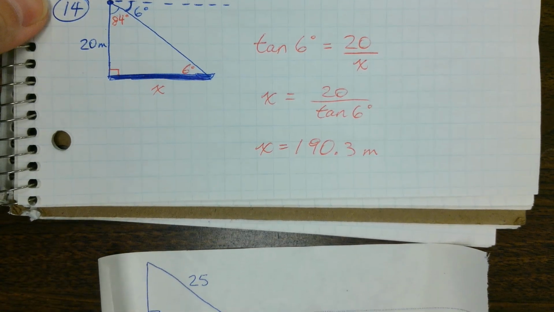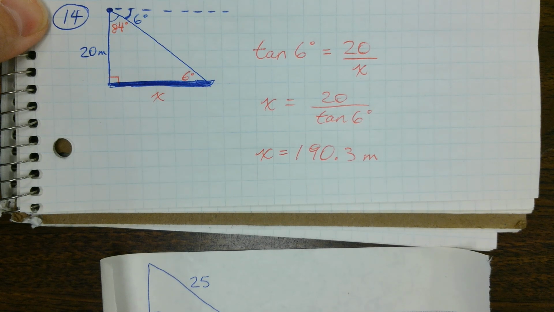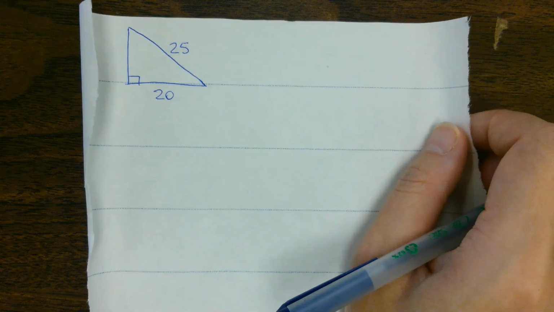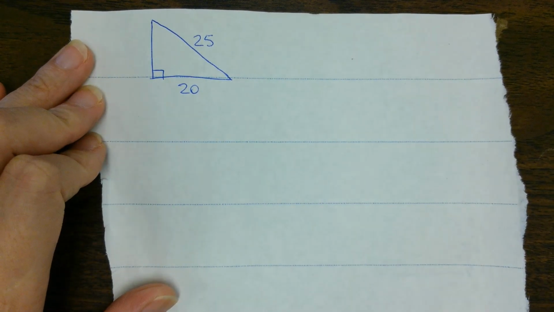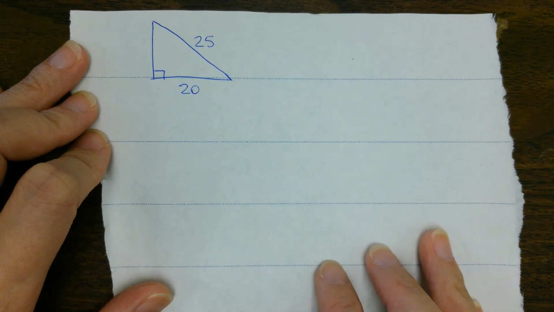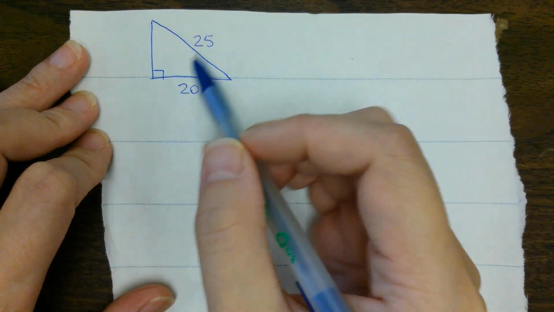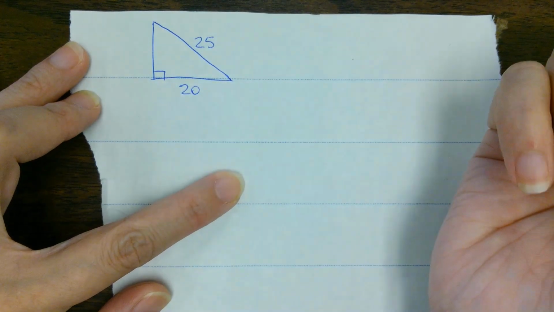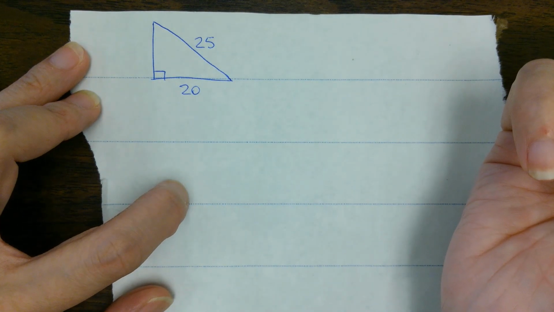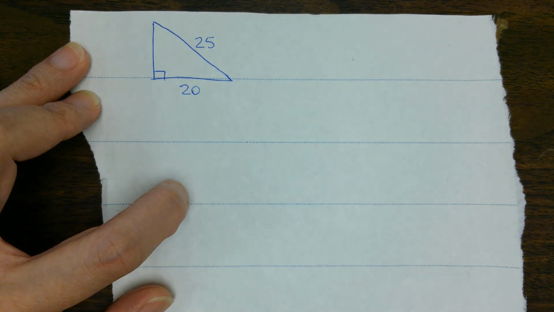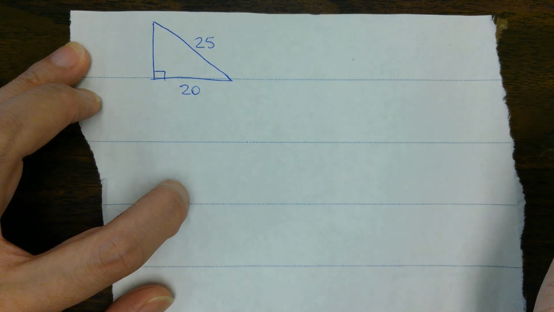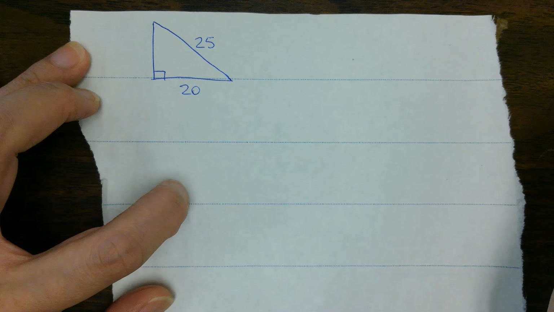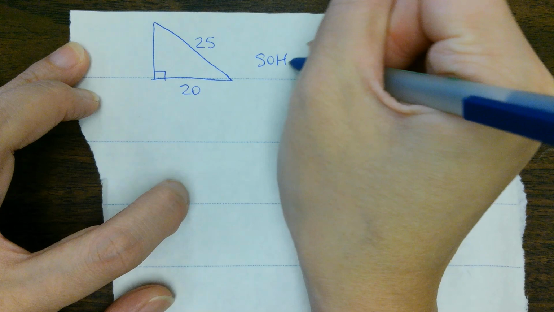Given this, if I need to solve for everything in this picture, what should I use? Should I use SOHCAHTOA or should I use similar triangles? SOHCAHTOA.